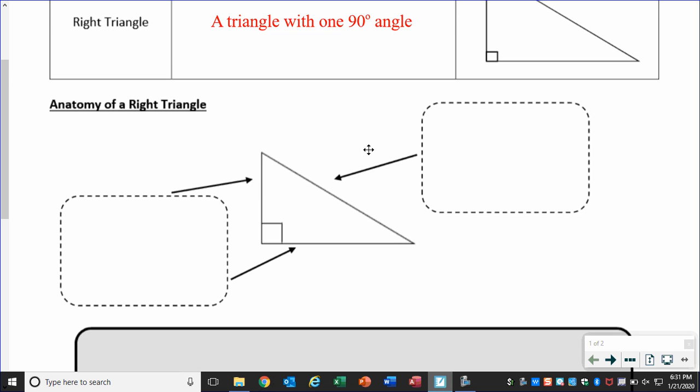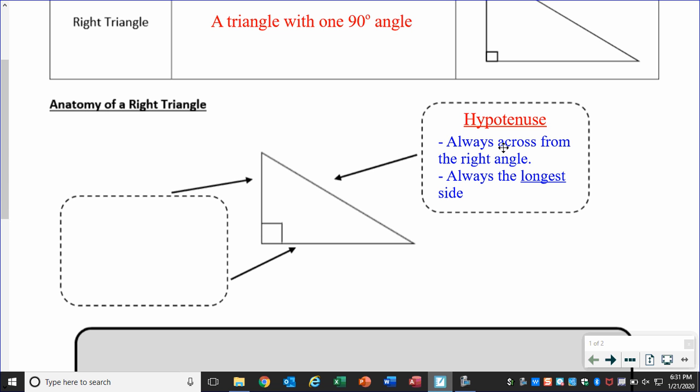First is the hypotenuse, this really long diagonal side. It's always directly across from the right angle, and it's always the longest side.